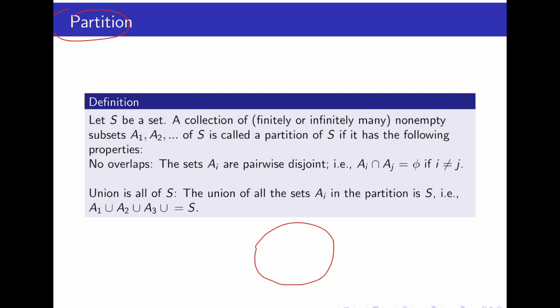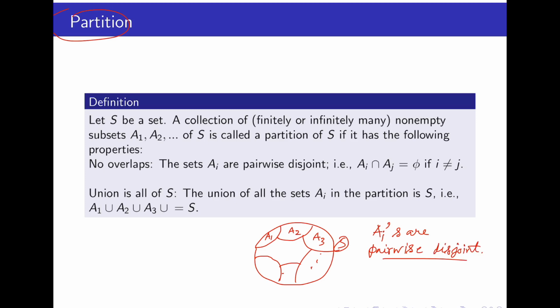So basically, pictorially, if we want to understand what is partition, suppose we have a set S, then the sets A1, A2, A3, and so on are said to be a partition of the set S if all these A_i are pairwise disjoint, number one, and number two, their union is the set S, that is the union of all A_i over i is the set S. So this is pretty much the preliminary definition of a partition of a set.